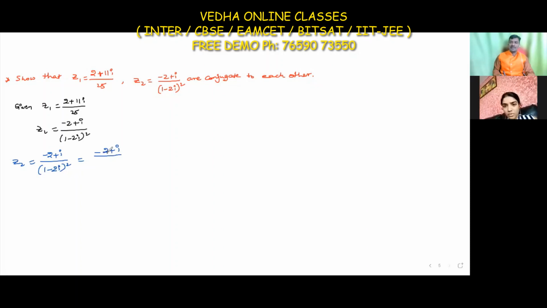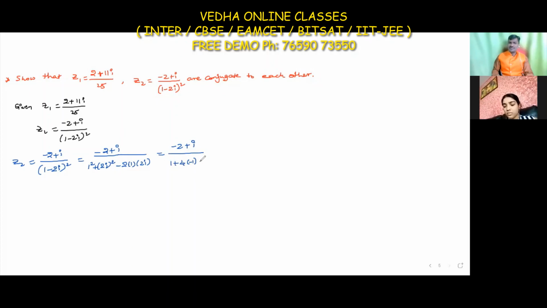First simplify (a minus b) whole square by applying the formula: a square plus b square minus 2ab. We cannot skip this; compulsorily we have to simplify.